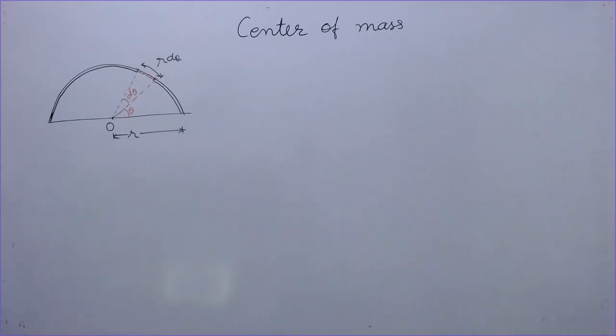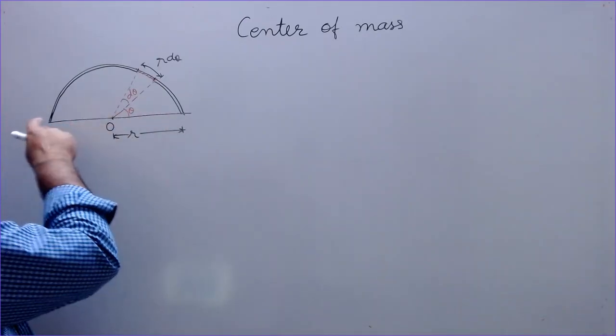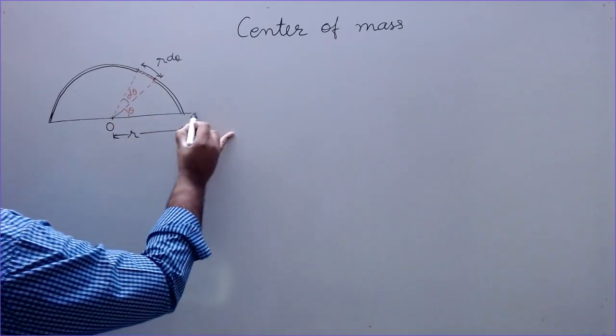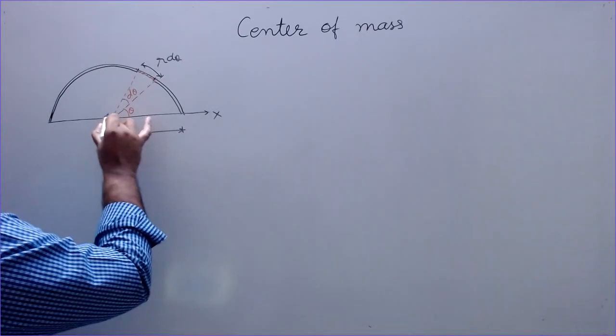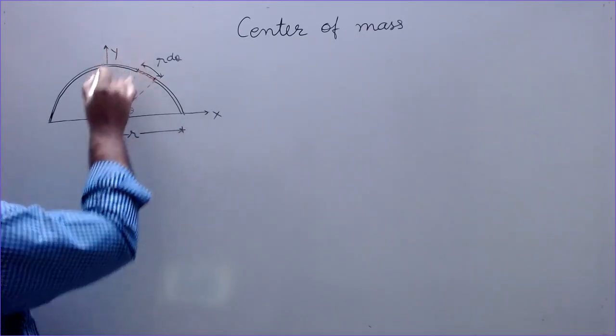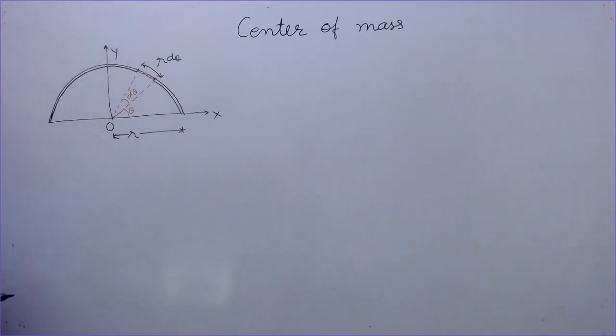So this is a symmetrical body about the y-axis. So its center of mass will not be varying along the x-axis. This is the x-axis and this is the y-axis. It will be varying only along the y-axis, not along the x-axis. So we will use the same formula.